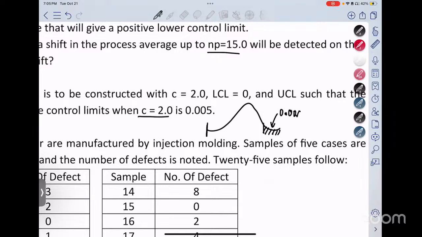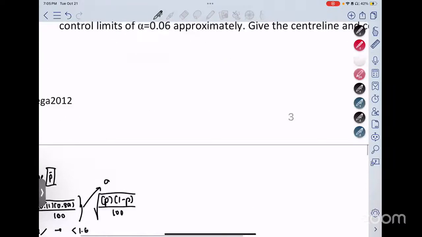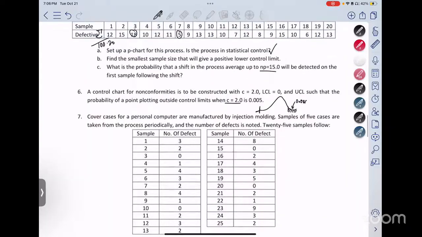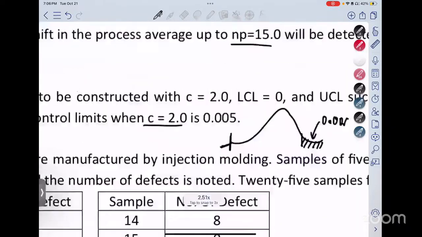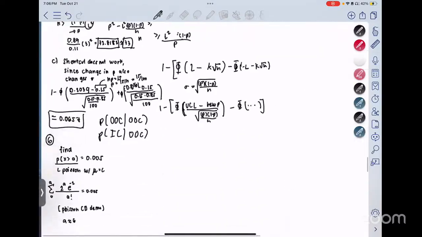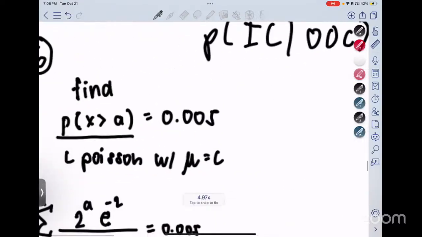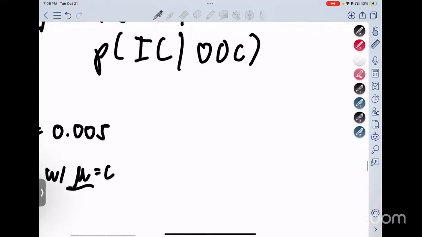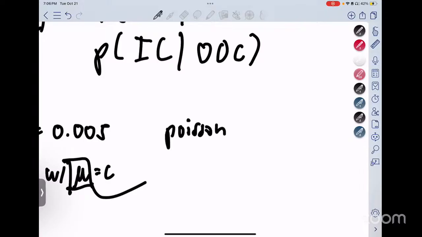Okay, but you might think, hindi ba kahit 0 siya, may some small thing pa rin dito. Pero recall, this is a control chart for nonconformities using c, meaning this is a c chart. And the c chart is based on the Poisson distribution with the mean equal to c, and again, I think this is also in 143. Pag Poisson, the probability of x at 0 is equal to 0.